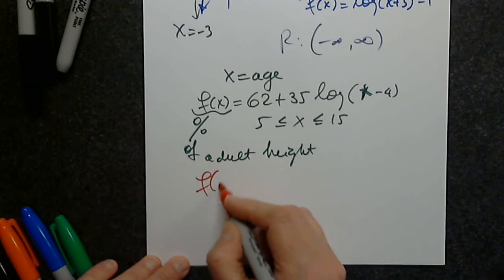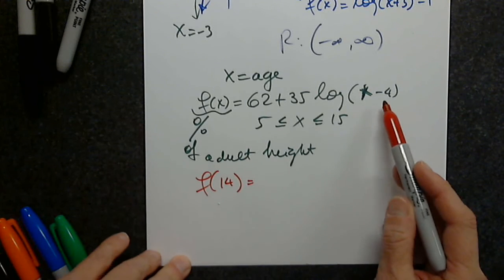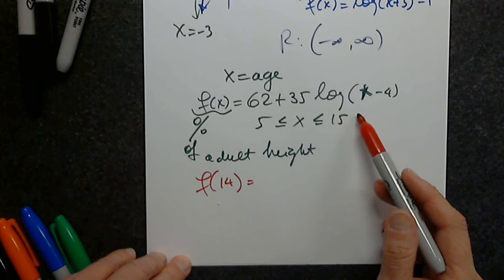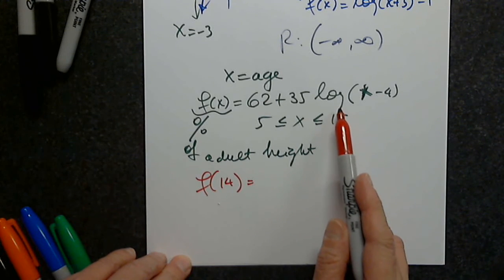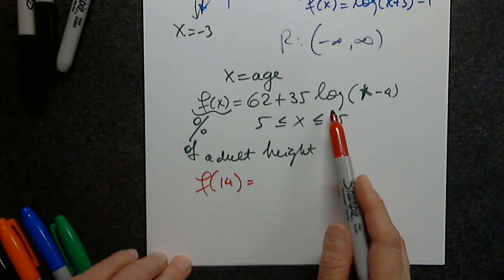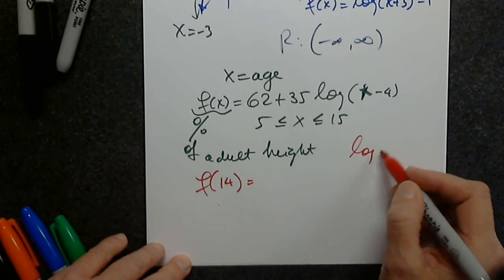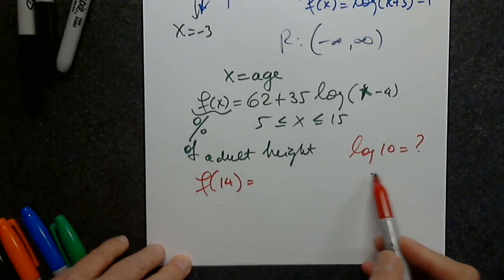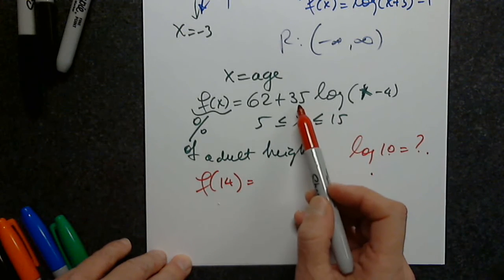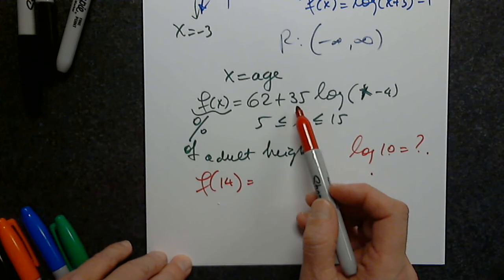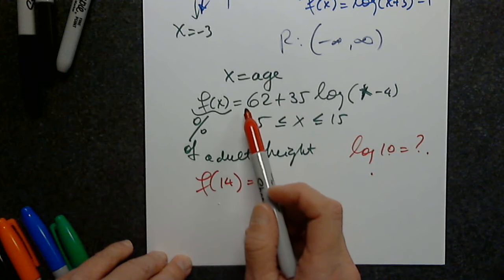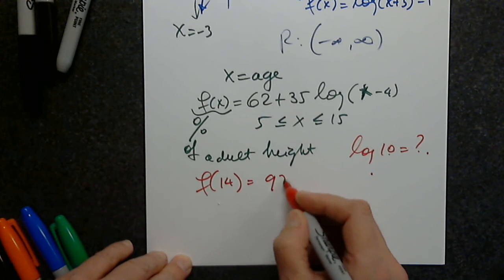So all I have to do is plug in 14. How much is 14 minus 4? How much is log of 10? It's log base 10. Log of 10, base raised to what power is 10? 1. So how much is 1 times 35? 35, sorry. And 35 plus 62 is 97.